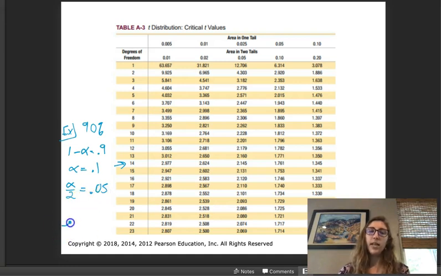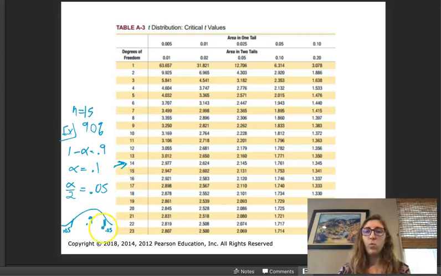If we were to sketch a little picture here, our confidence level would be 0.9 in the middle, which means we'd have 0.05 to the left, and 0.05 to the right.